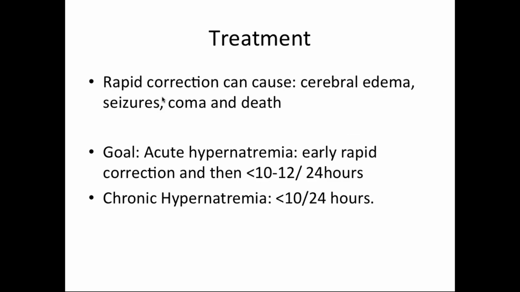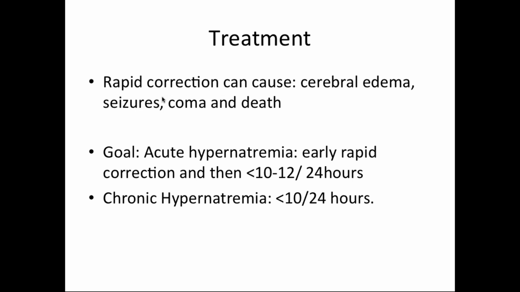So let's talk about how you correct someone with hypernatremia. The key, again, just like hyponatremia, is you don't want to rapidly correct, because in this case it will cause cerebral edema, seizures, coma, and death. If you have someone with documented acute hypernatremia who is severely symptomatic, you can rapidly correct over the first few hours, but the goal should still be to correct them less than 10 to 12 in the first 24 hours.